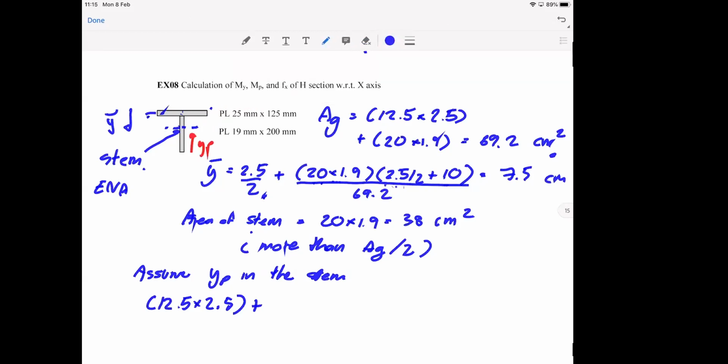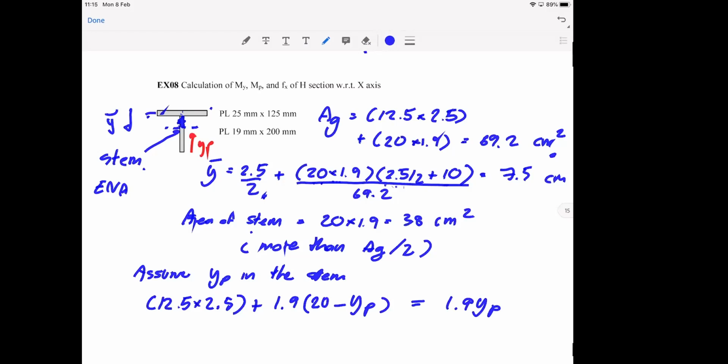If that's Y_P, it means that the area left in this is going to be equal to 1.9 times (20 minus Y_P), right? Because of the equilibrium, the area under compression, which is this, should be equal to the area under tension, which now becomes 1.9 multiplied by Y_P.